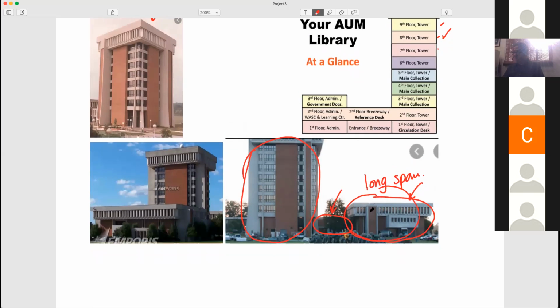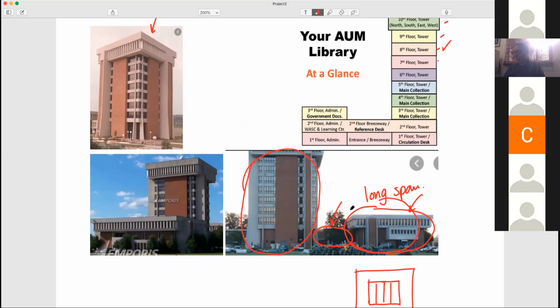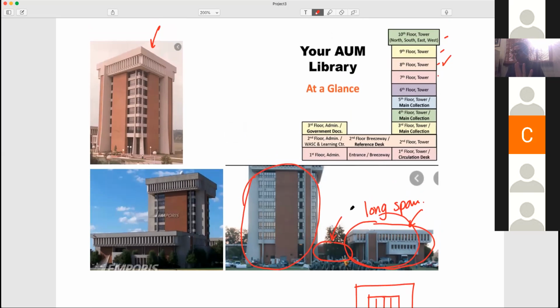Even if the building is not like that, if I wanted to create a structure that had a courtyard with a long span structure across it, or something like that, then I would be able to do that. I've got some creativity here, and this does not have to be exact, but I would be able to dimension this thing.